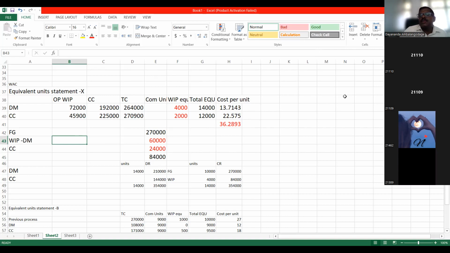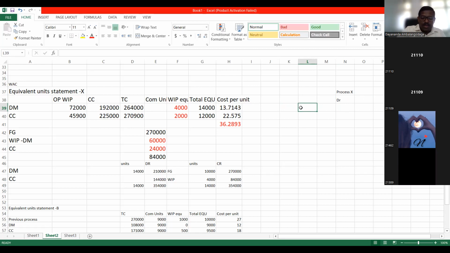So thereby, basically, you can prepare the process account, process X, right? And you can have the debit column, and you can have the credit column, and you can have the input columns. So you see, you can put raw material.